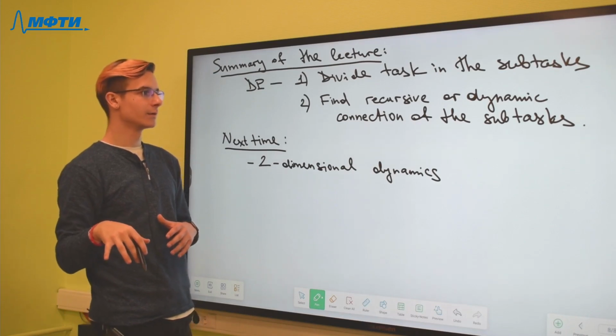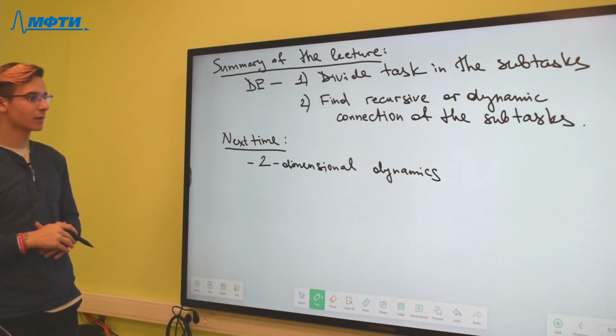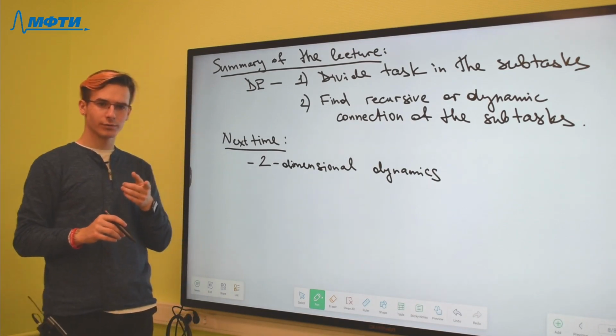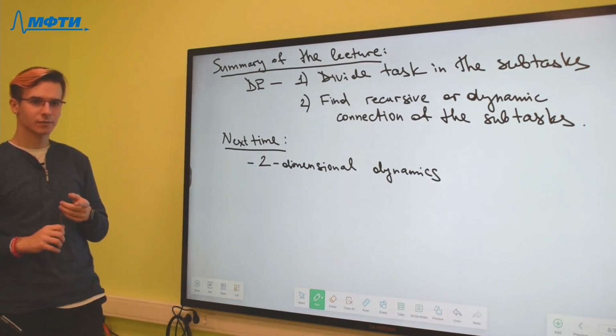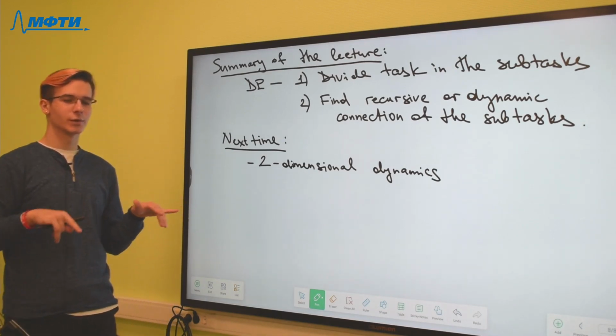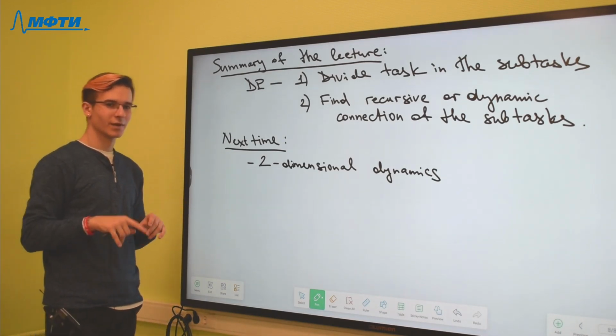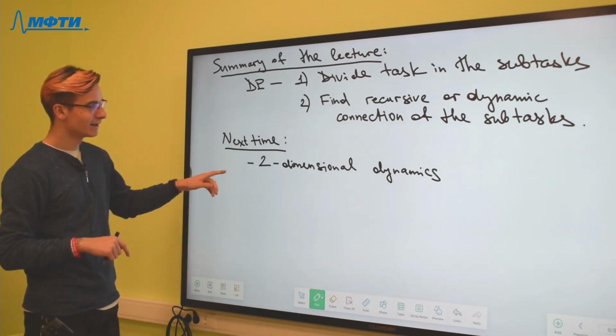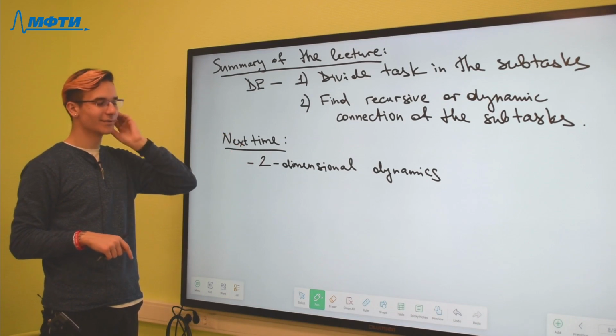Or we talk about edit distance. Do you know what edit distance is? Edit distance between two words. We don't know, and we talk about it next time. And we find two-dimensional dynamics in it.